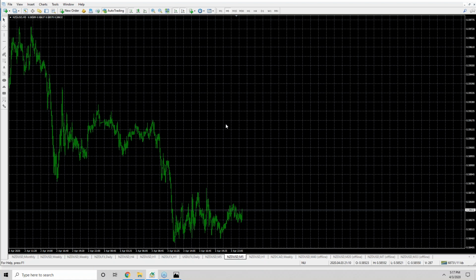So maybe Aussie USD, because of the USD, nothing happened today, and because of the Aussie, it will do its wave 5 to the downside, and then when USD finishes its wave 5 to the downside, then it will start to go up, and at that time, Aussie USD will start dropping. Not now.